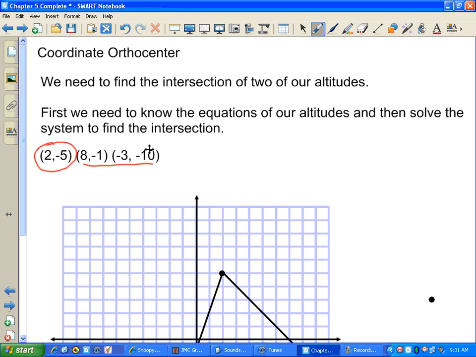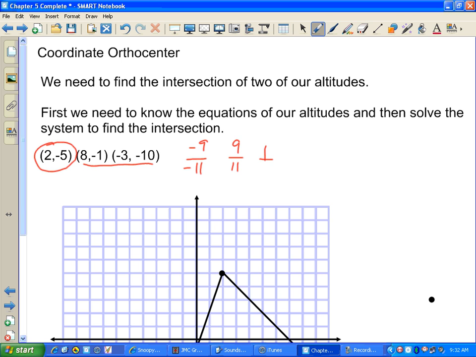So to find slope, we subtract our y's, so negative 10 minus negative 1 would be negative 9. And then we take negative 3 minus 8, which is negative 11. So my slope would be 9/11.